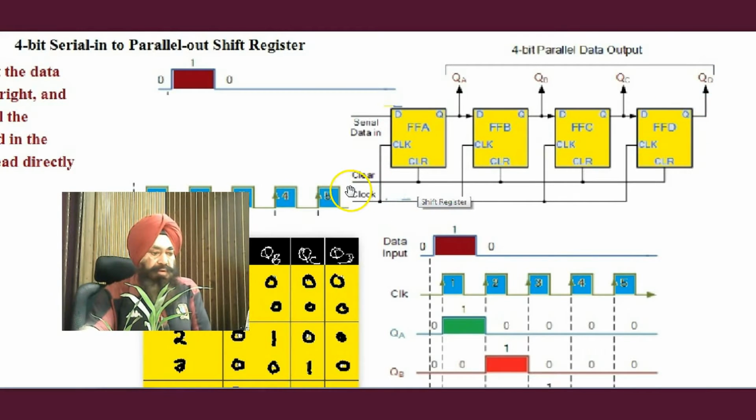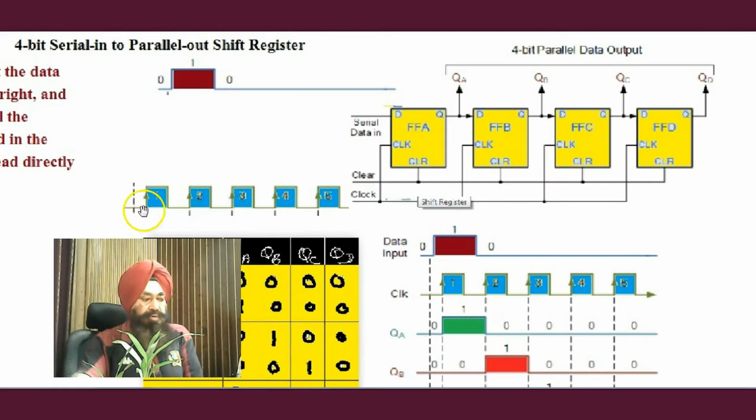A clear pulse can be activated, and it is given to all the flip-flops. And a clock pulse is given to all the flip-flops simultaneously. So this is the line for the clock.